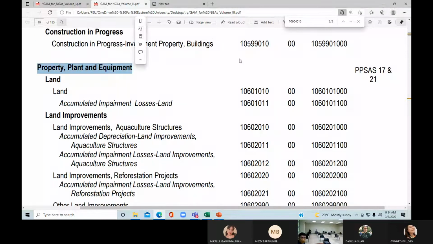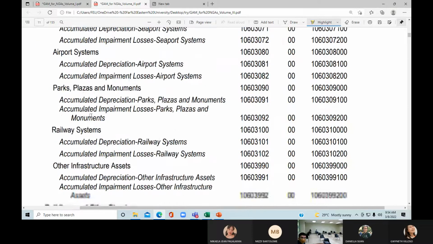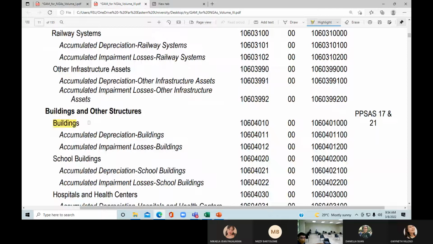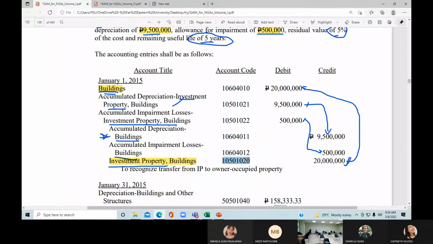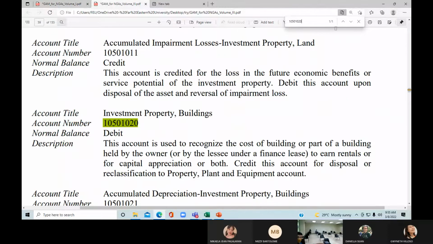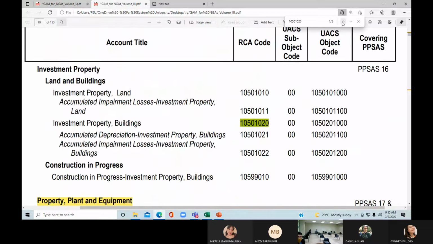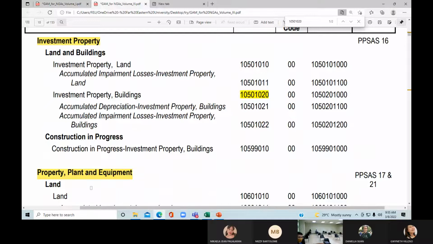Under siya na PPE. Okay? Ayan yung ma-highlight. Ayan, buildings, from investment property buildings account. Ayan. From IP, naging PPE siya.